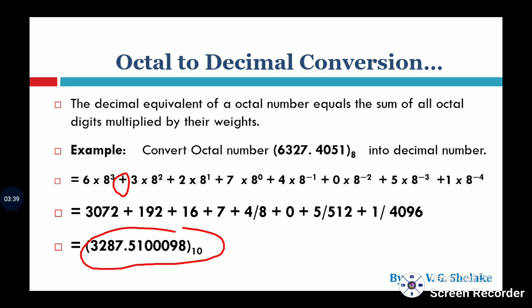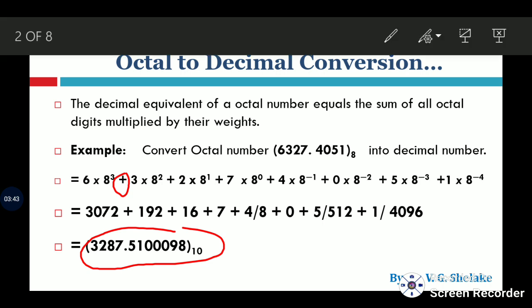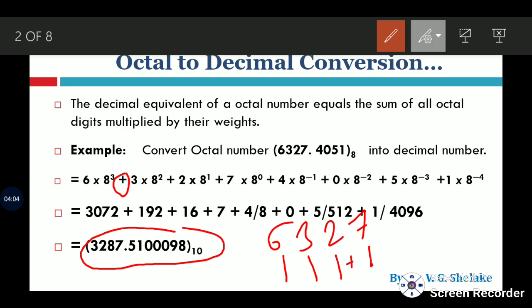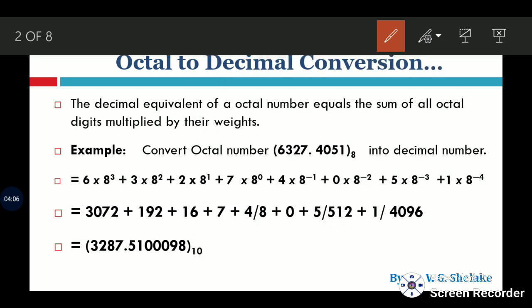Means we have to note down the weight of each digit. Weight of each digit means 6, 3, 2, 7. Weight of this is 8 raised to 0, means 7 into 8 raised to 0. This is 2 into 8 raised to 1, 3 into 8 raised to 2, and 6 into 8 raised to 3. Likewise, if we add these weights, we will get the equivalent decimal number.